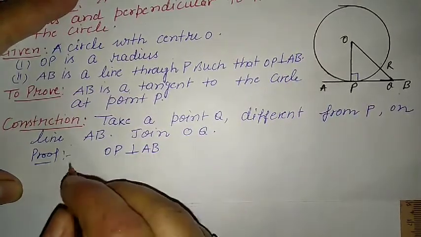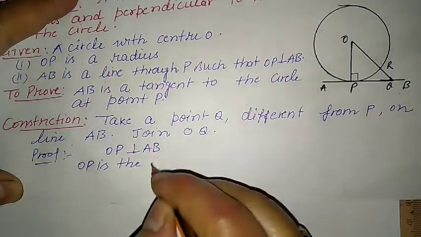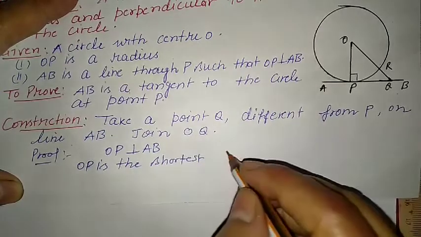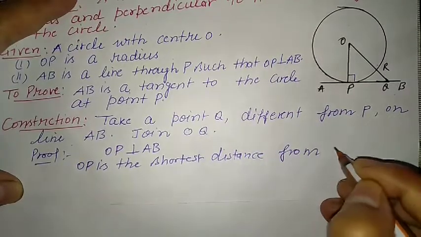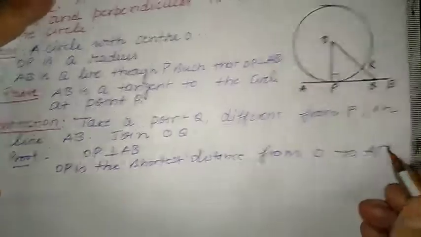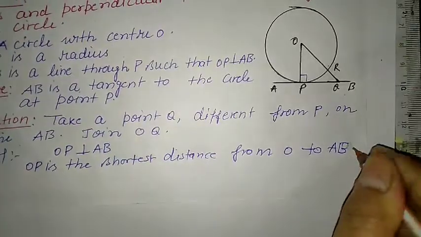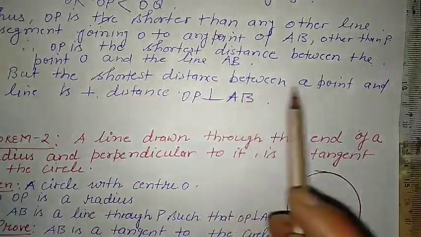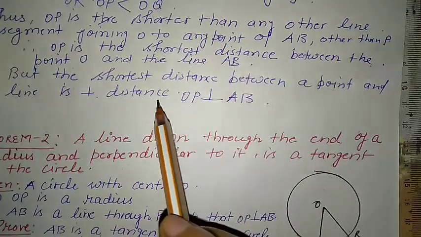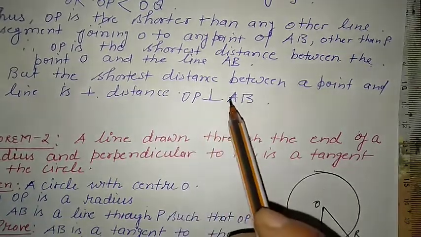So if OP is perpendicular to AB, we use the converse of that theorem, that OP is the shortest distance from O to AB, because the perpendicular distance from a point to a line is the shortest distance between them.